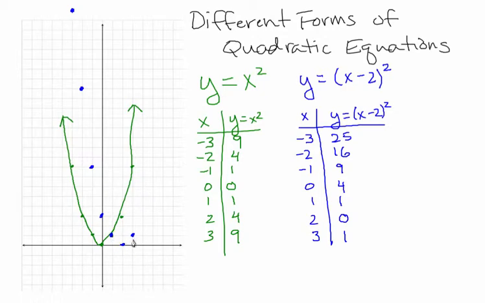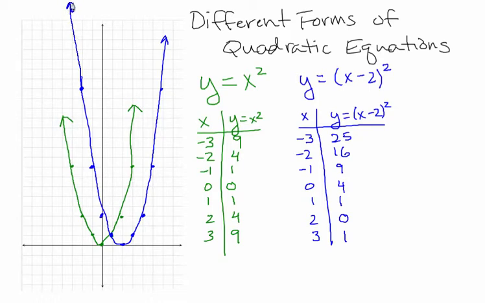And 3, 1. Now, if we were to continue, it would actually show the same symmetry as before, so I know that I can fill in the following points. This is the parabola y equals x minus 2 quantity squared.